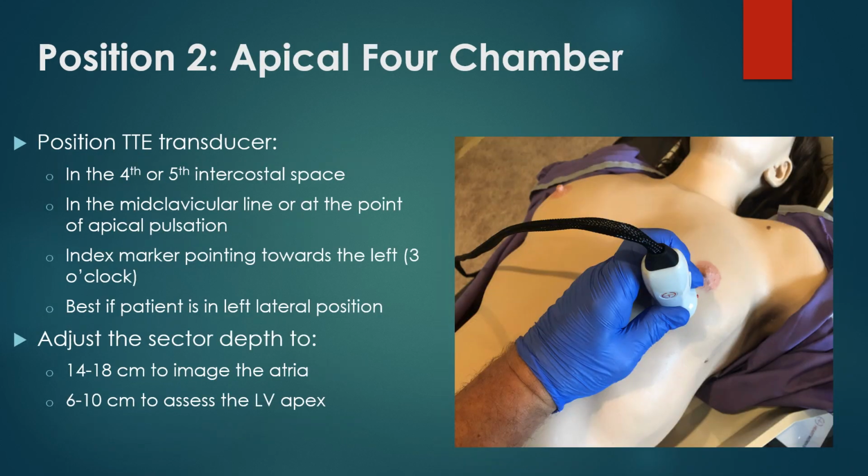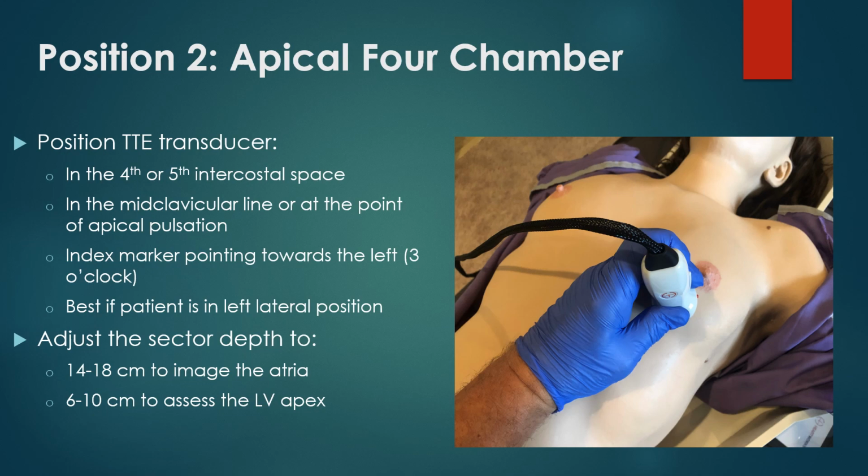Second position is the apical four-chamber, and you're going to position the transthoracic echo transducer in the 4th or 5th intercostal space, which is just below the left nipple in men. With women with large breasts, sometimes you have to get a little bit creative, and in fact, often I will slide down off the parasternal short axis to just above the left nipple in women with large breasts.